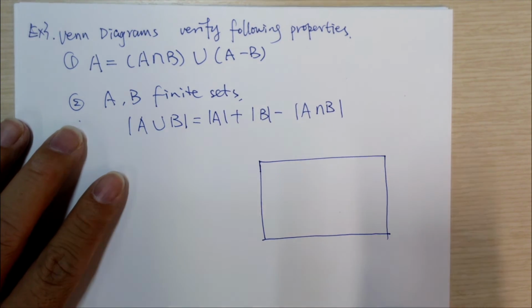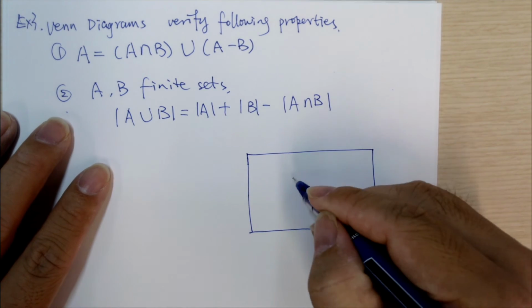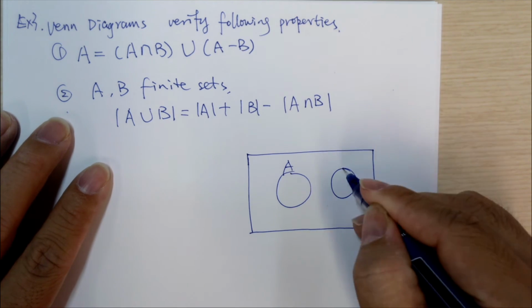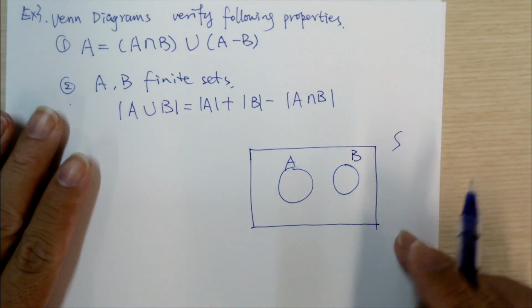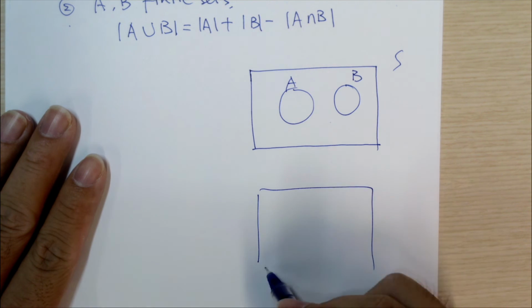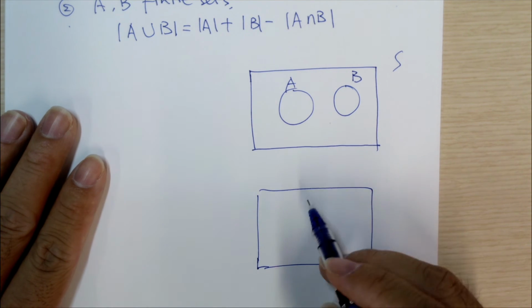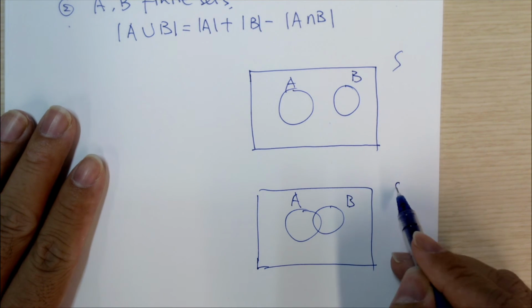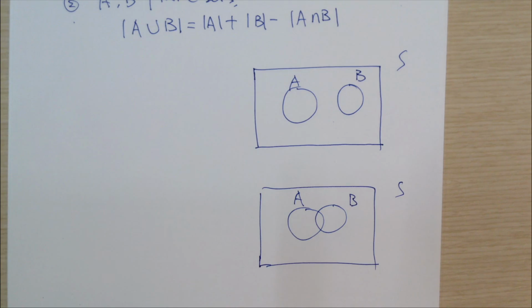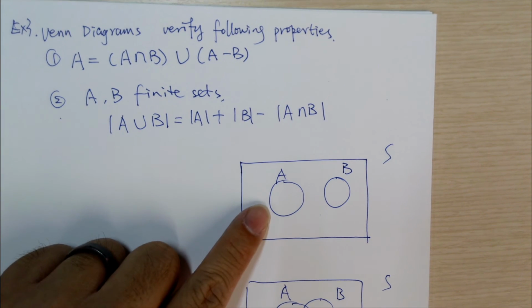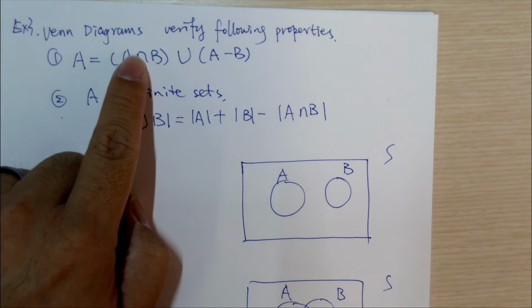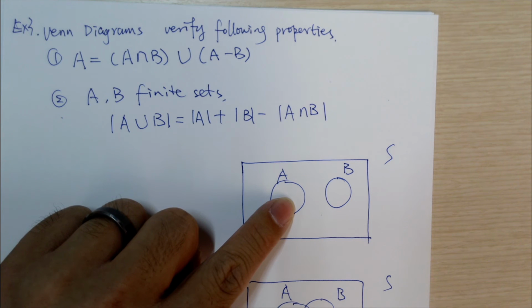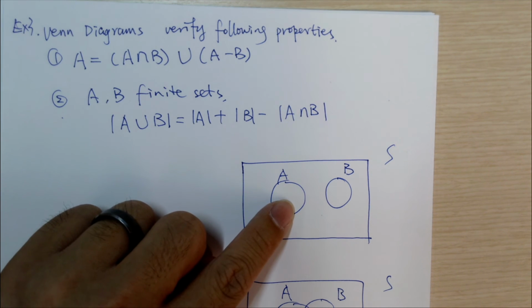So we can have two cases, right? Either this is our A, this is our B, right? Or we can do it like this. I mean, either way, we're going to verify that. For the first case, A intersect B is actually the empty set, right?